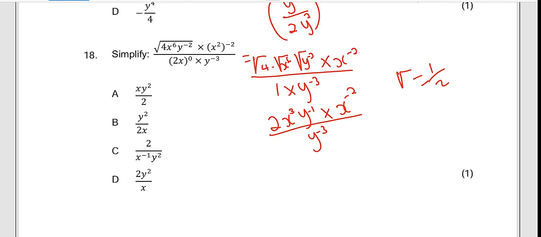After that, when the bases are the same and we have multiplication, then we have to add exponents. So the answer is going to be, this is -4, because 2 times -2 is 4. I have 2 times here, we have 1 here. It is 2.